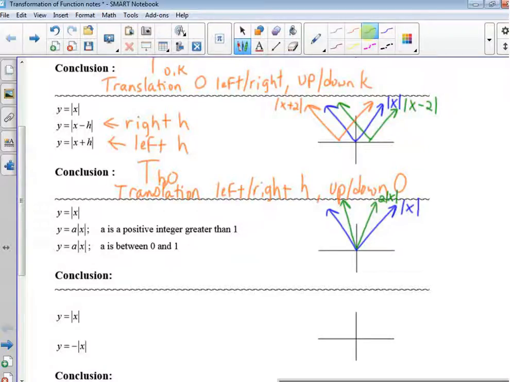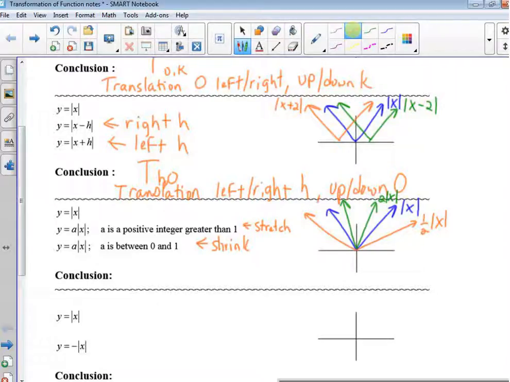It's called a vertical stretch. And then if we do y equals 1/2 times the absolute value of x, then it gets wider. And this is changing the y-coordinates. So this one is a stretch, and this one is a shrink, vertical shrink.